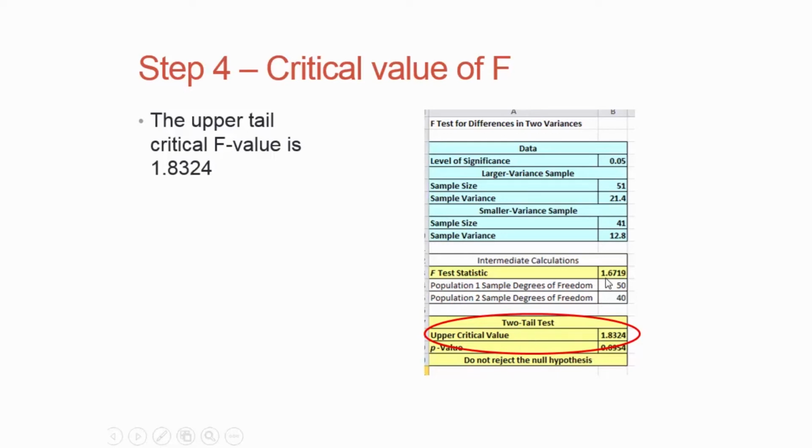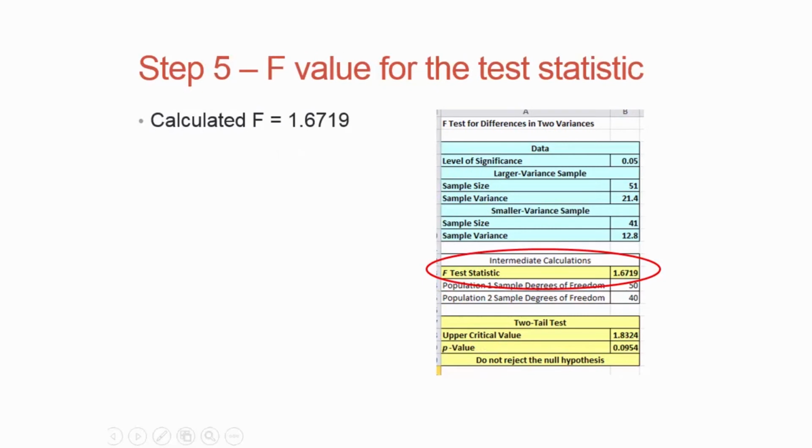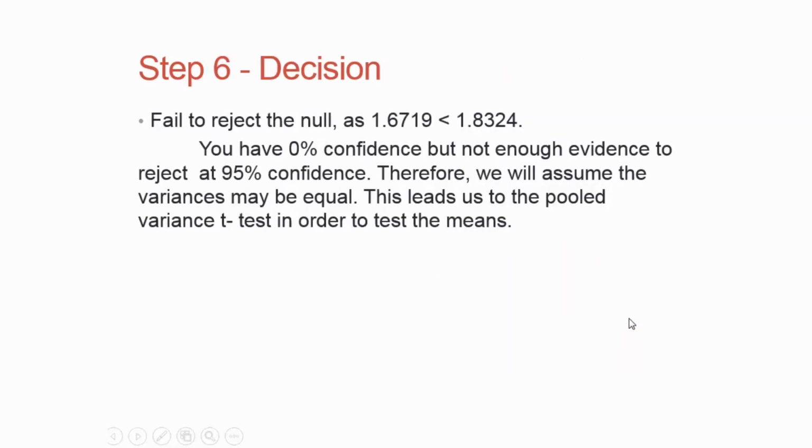Here's my F-test result. Now, this is a two-tail test, but given my test statistic, I'm only interested in this value, 1.6719, and it's not beyond this upper limit. So the calculated value is 1.6719, critical value 1.8324. So therefore, in step 6, fail to reject because 1.6719 is less than 1.8324.